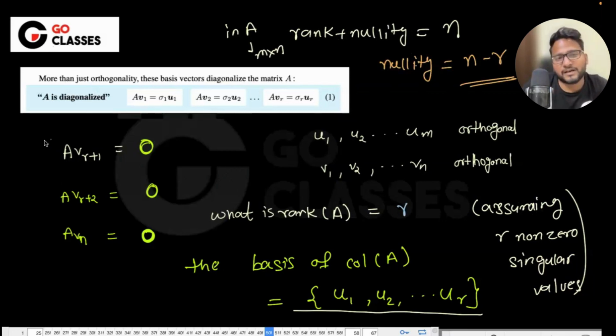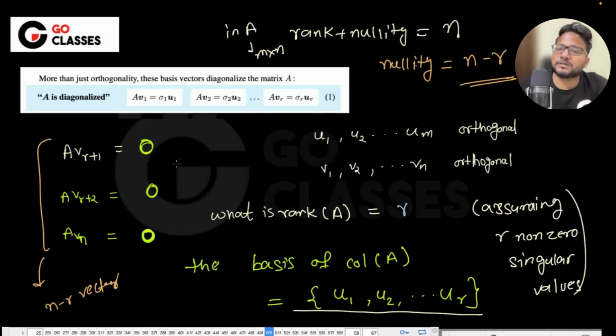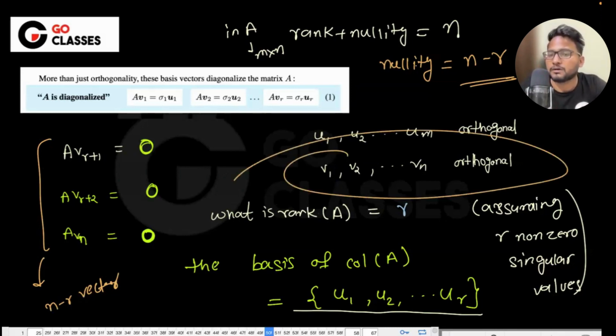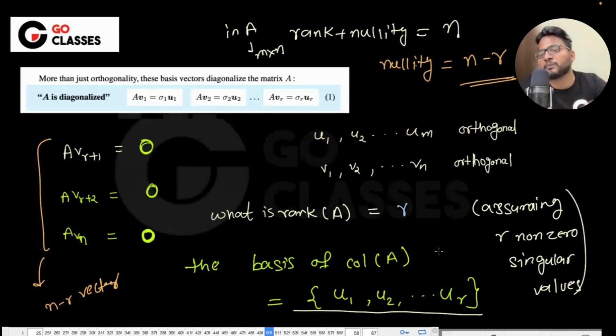Now how many are these vectors? N minus r vectors. Are these vectors in the null space of A? Yes, definitely. Right? You have such n minus r vectors in the null space of A. And fortunately, those vectors are also orthogonal, which means we have just found out the basis of null space also.